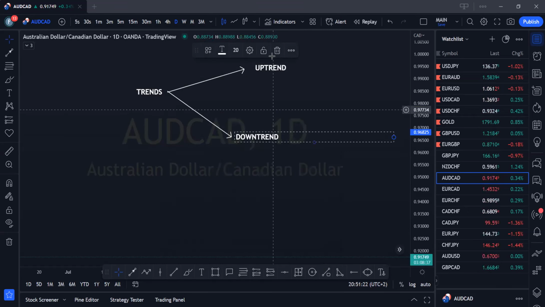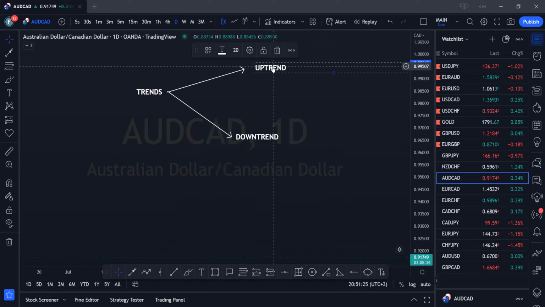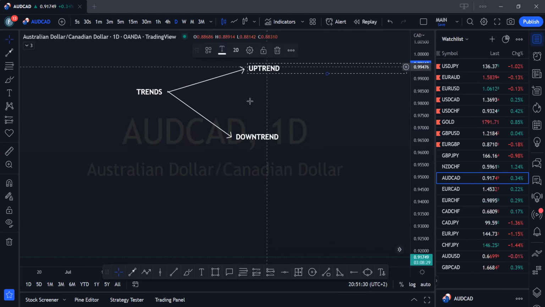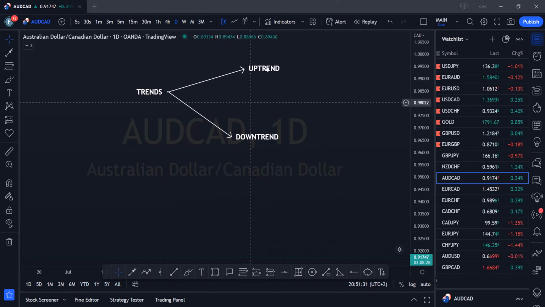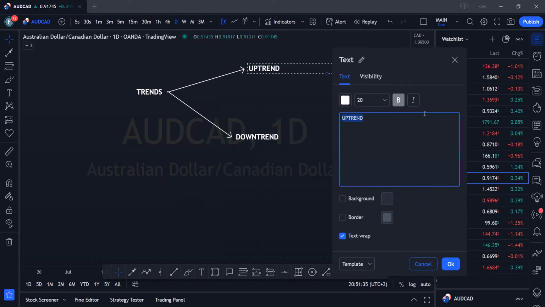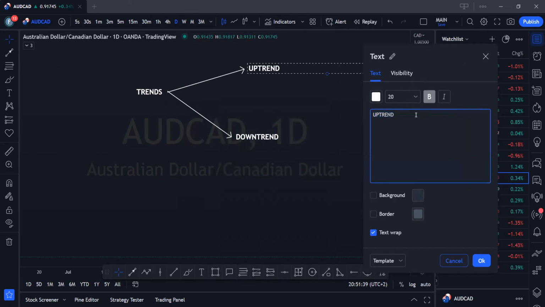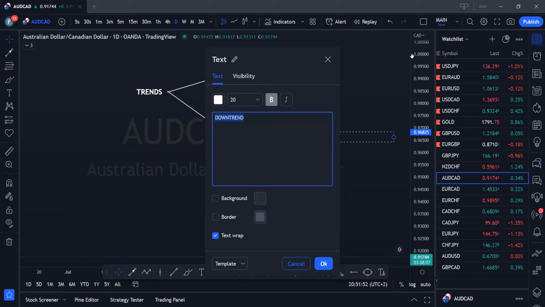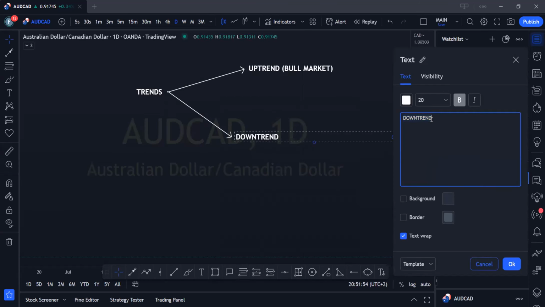So remember yesterday we were talking about the bear market and the bull market. A bull market is the uptrend. These are terms that some people will use. And for the downtrend, you can call it what? The bear market.